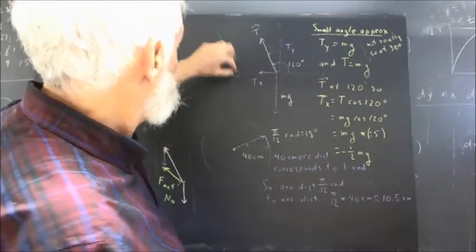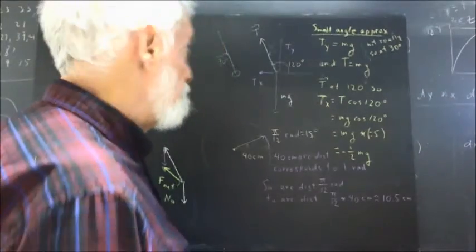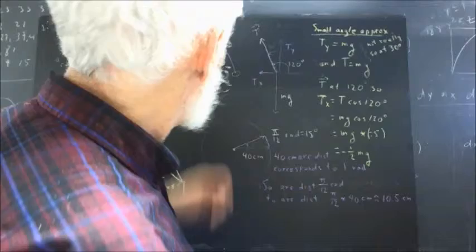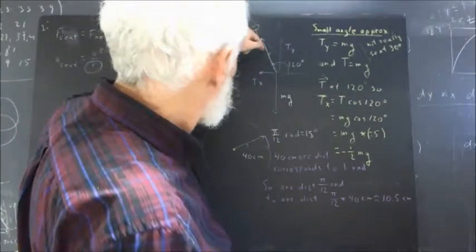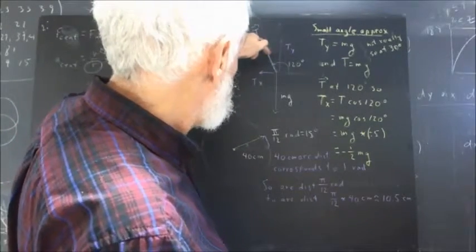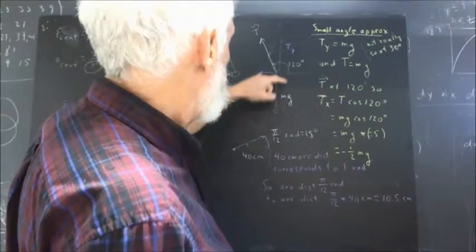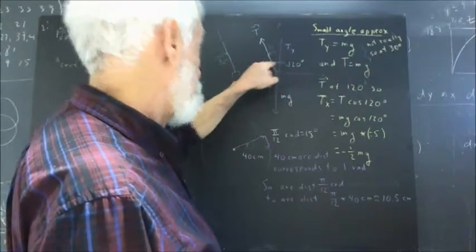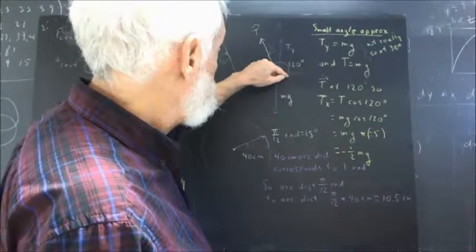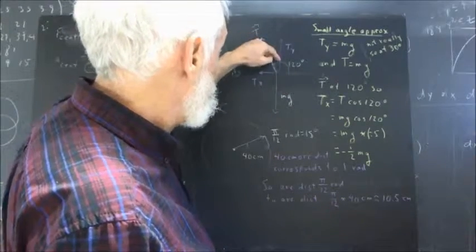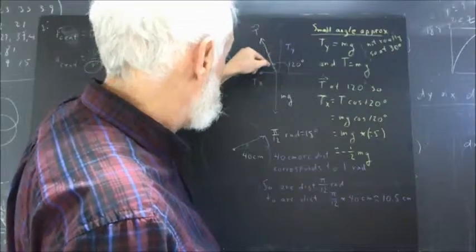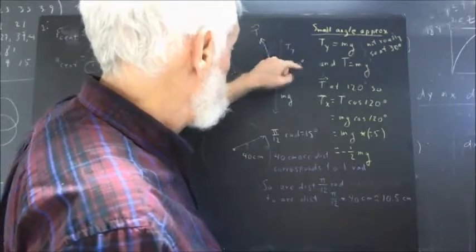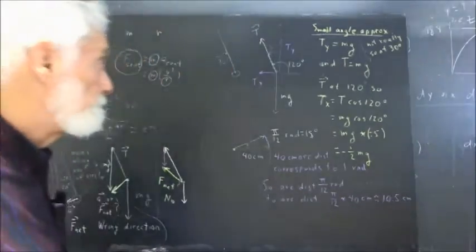Well, there it is, parallel to the string, pulling back on the mass. And if the angle here is 30 degrees with vertical, then if we measure the angle from the positive x-axis in the counterclockwise direction, we have 90 degrees from here to here, and another 30 from here to here, making 120 degrees. So the angle of that vector is 120 degrees.